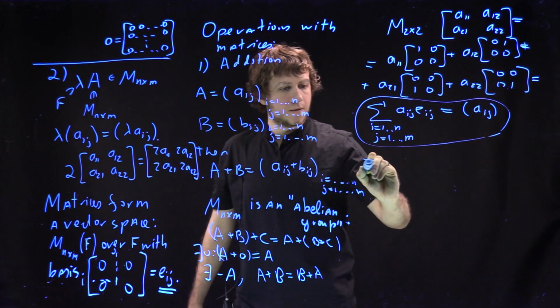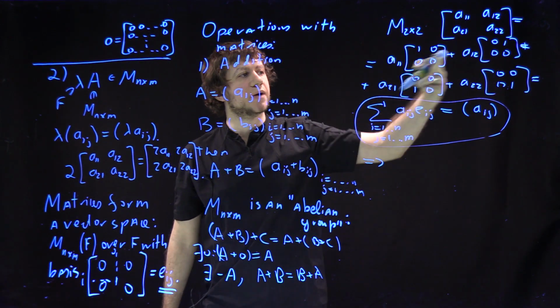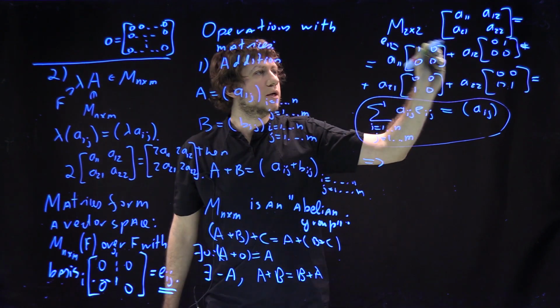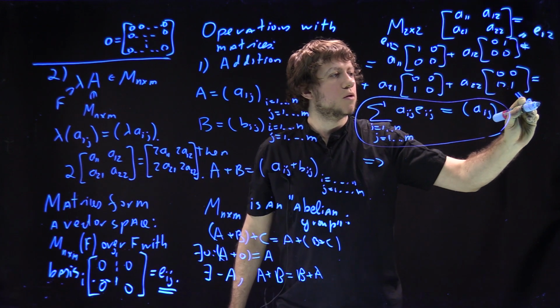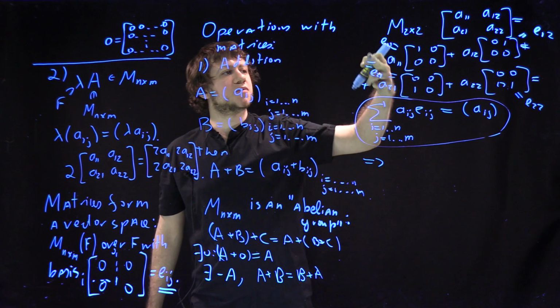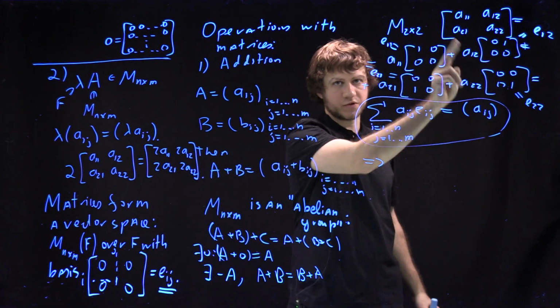So I have just written any matrix in this basis. Remember, this is E11, this is E12, E22, and E21. You can also see that every matrix is presented in this way uniquely, because these coefficients are just the terms of the matrix.